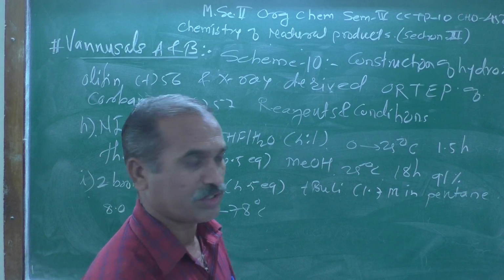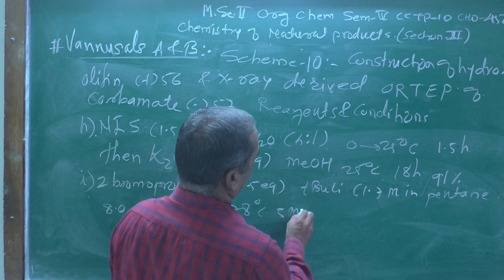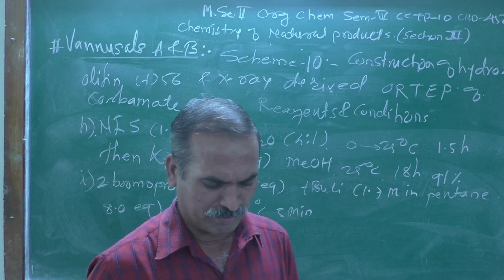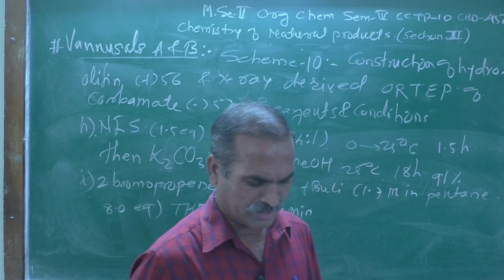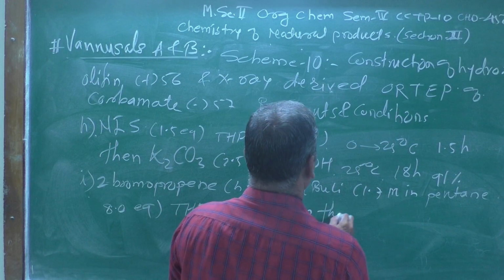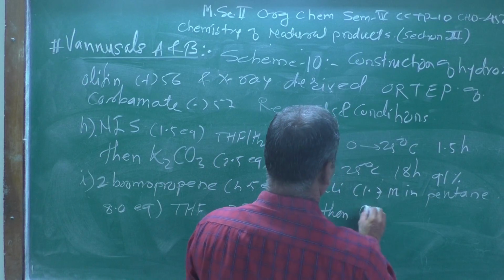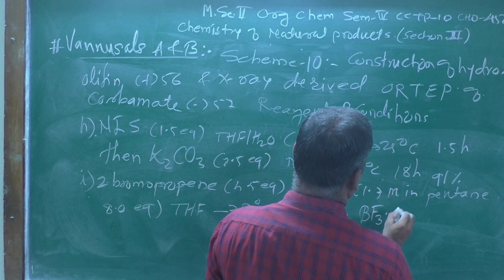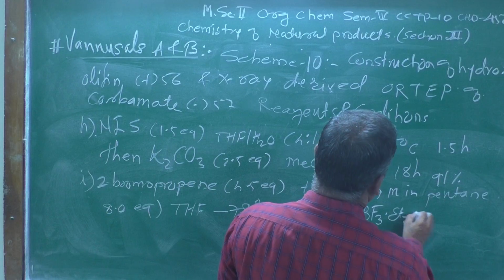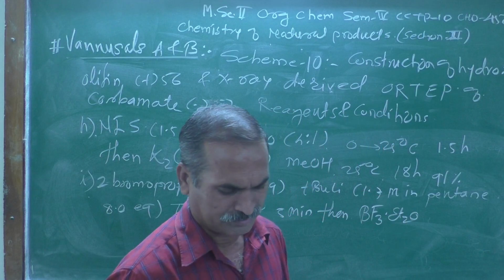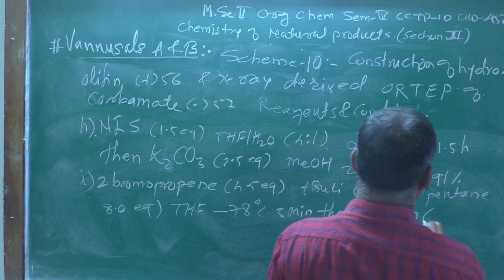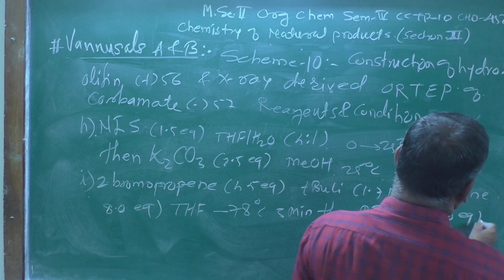This reaction was stirred for 5 minutes, and then Lewis acid BF3 diethyl ether, which was taken about 2.0 equivalent.